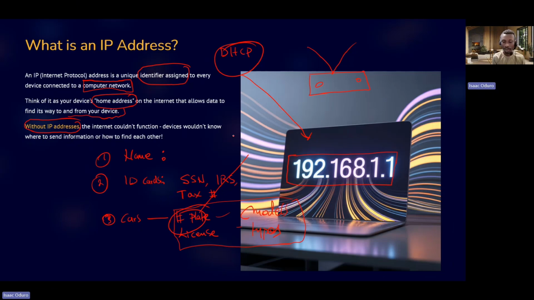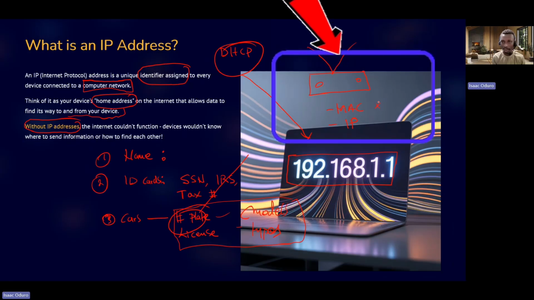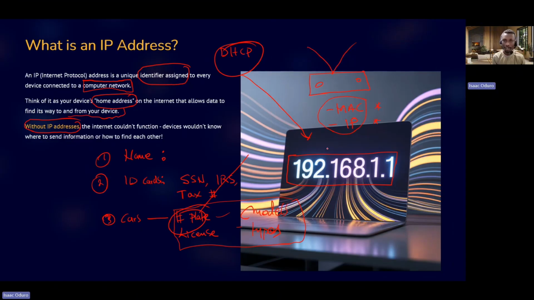Also, the phone can use the MAC address to identify the laptop. So, here there are two things. Either they use the MAC address, and then also they use the IP address. These two things are very, very important for devices to communicate on the network. If it is a local area network, the devices can communicate to each other using the MAC address.